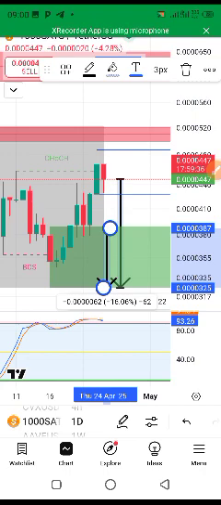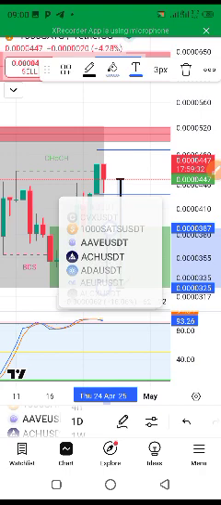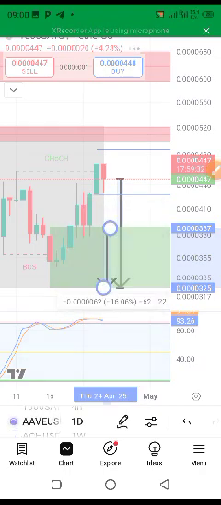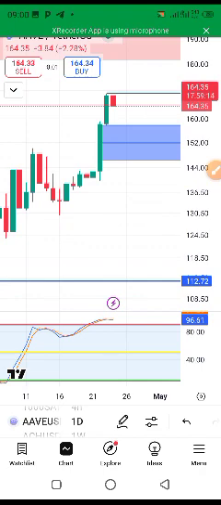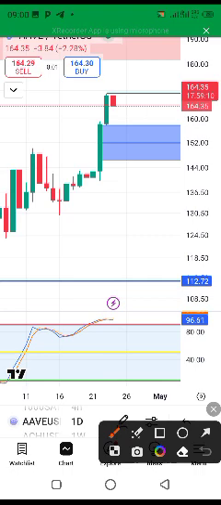Okay, let's go to another coin, like Aave. A coin like Aave doesn't have an order block, but it has fair value gaps. The fair value gap is created between three candles. It always happens between three candles, and it happens when there is a shoot in the market.